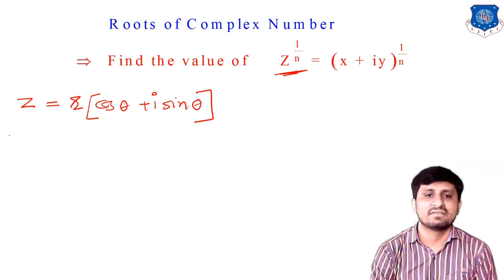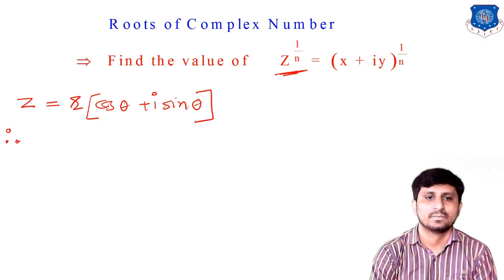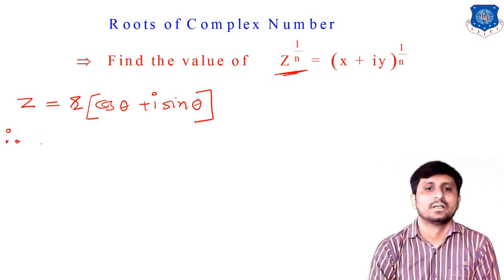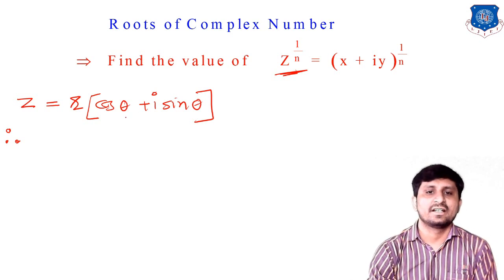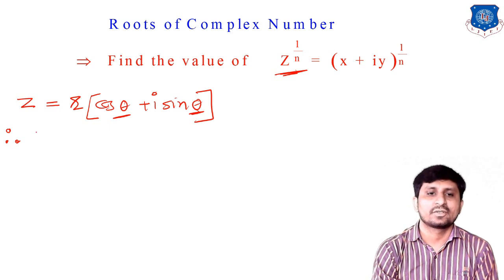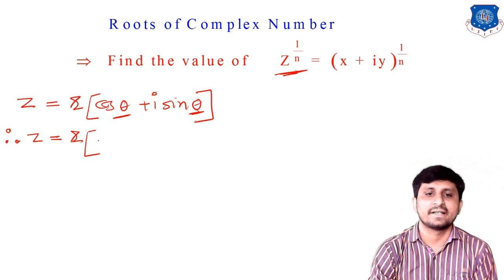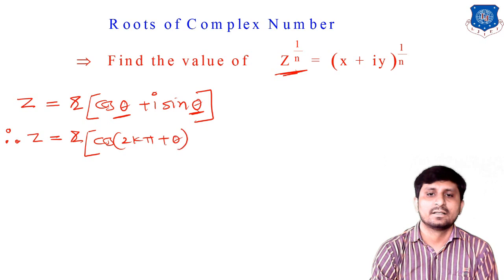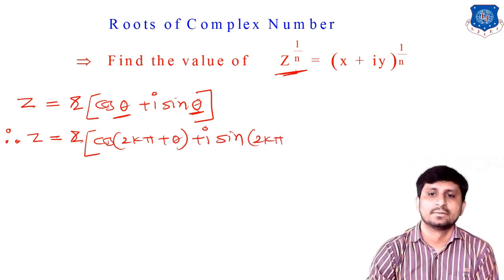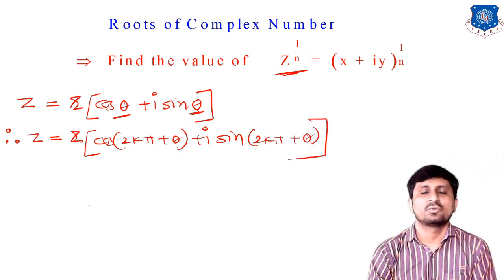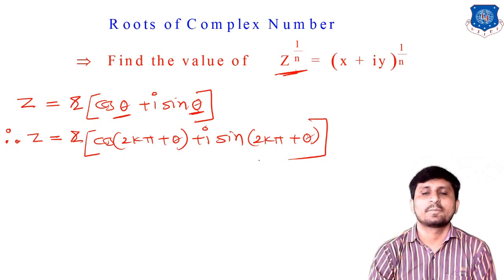Now the next step is very interesting. We just add 2k pi in this angle. So can I write z equal to r into cos (2k pi plus theta) plus i sin (2k pi plus theta)?